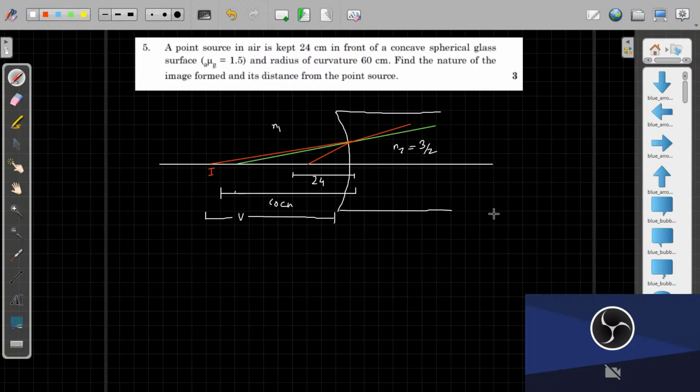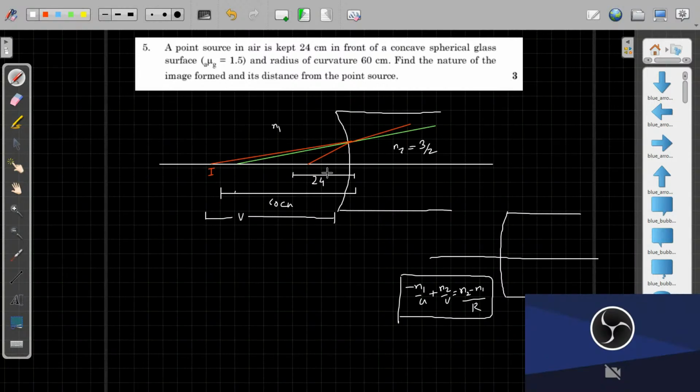In our class 12 course, we have done the relation for refraction at a spherical surface: minus N1 by U plus N2 by V equals N2 minus N1 by R. From here, any combination you can derive. Any configuration in this category of question, you should be able to solve from here.